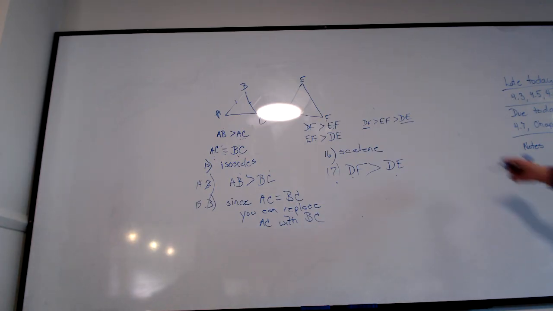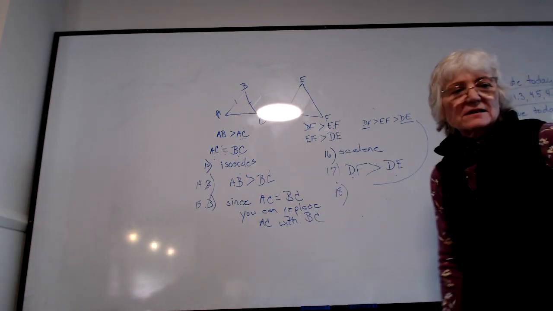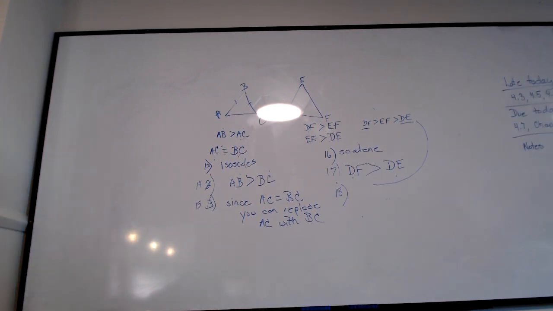That'd be a way of showing why for 18. Number 19, why aren't the triangles congruent? One's scalene and one's isosceles. Correct, that's a good answer. One's scalene, one's isosceles, so that is definitely a good reason.